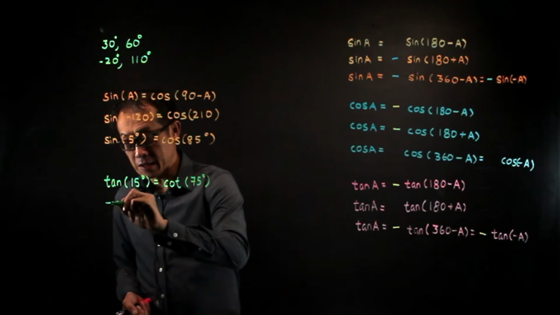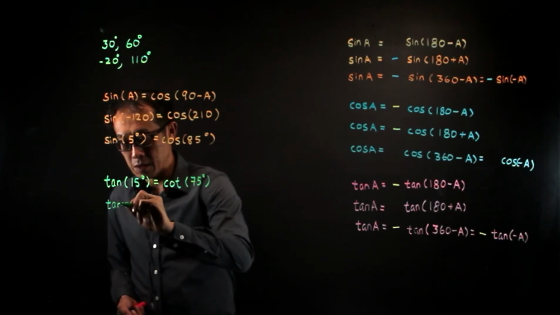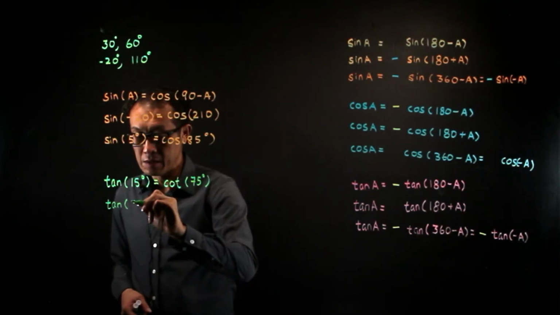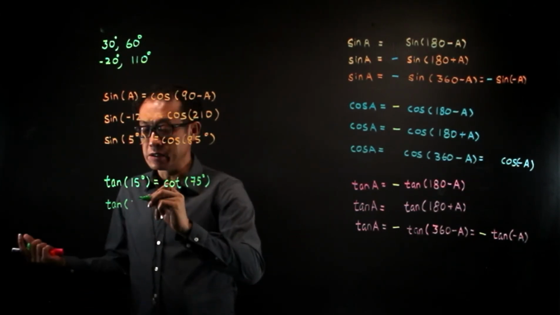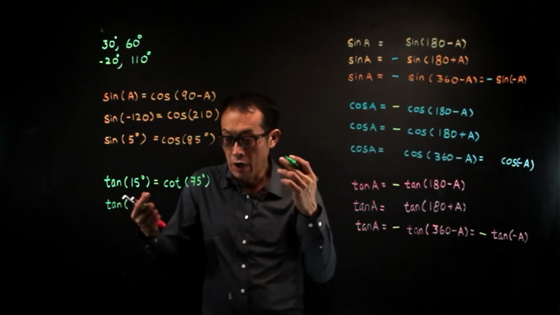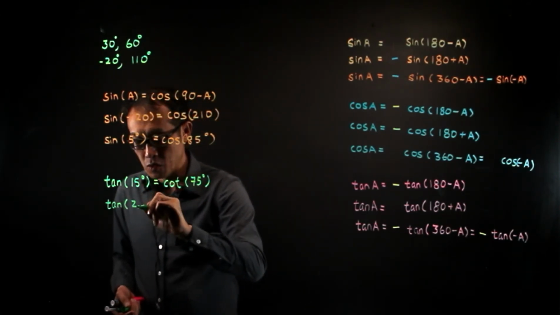Now let's do one more to verify. Let's say tangent, or I make it bigger, right? It's something in the third quadrant, say 210, okay? 210.